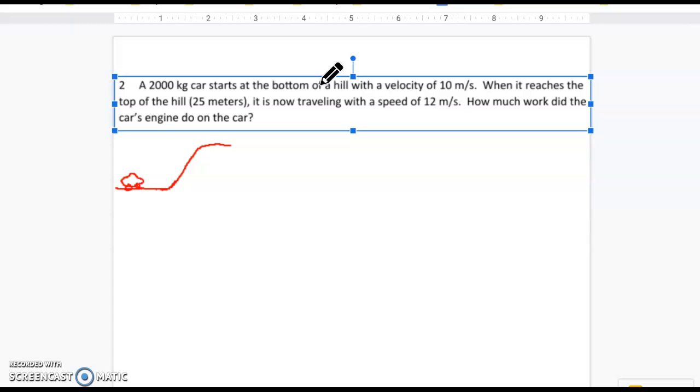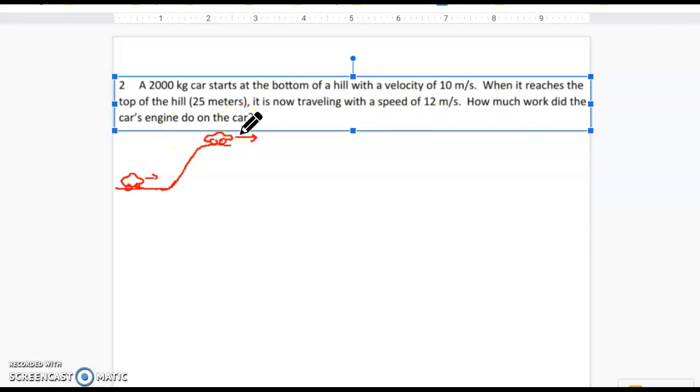It says it's going at 10 meters per second, so it's moving, and then it goes up the hill, and at the top of the hill, that's 25 meters high, it's now going at 12 meters per second. So it's going up. Okay, that's cool. And it asks how much work did the car's engine do to the car?